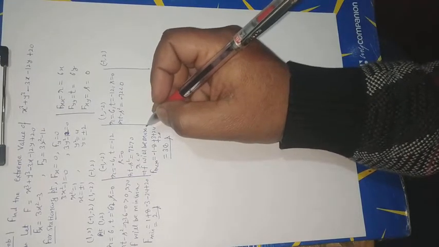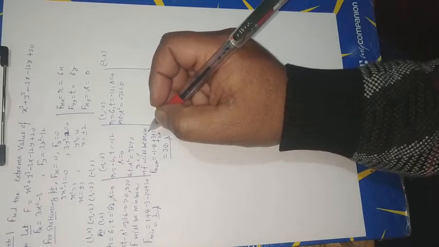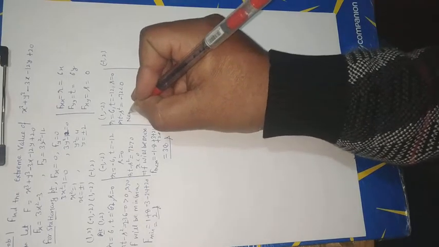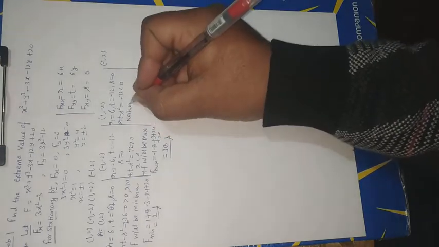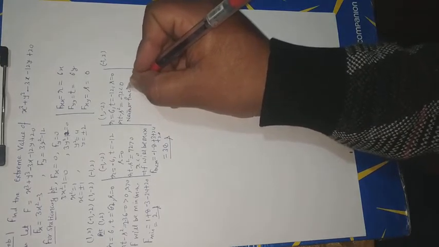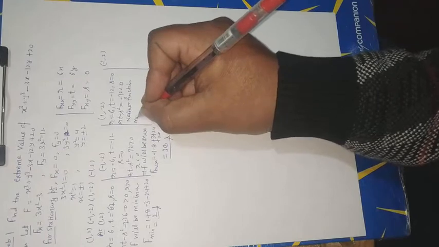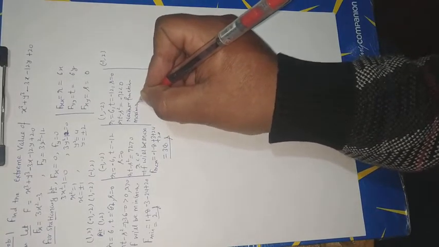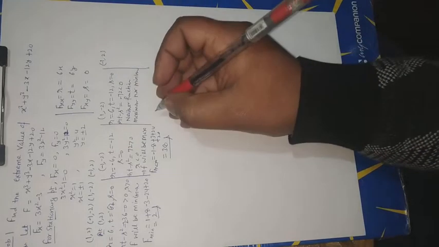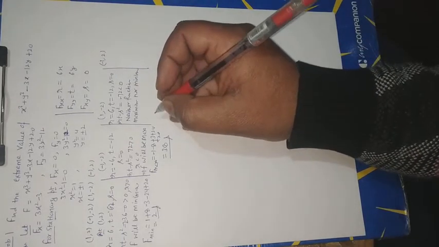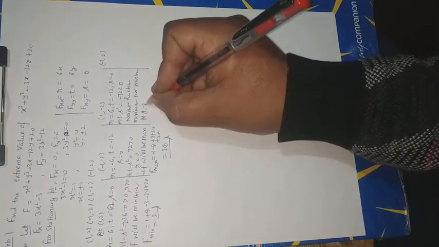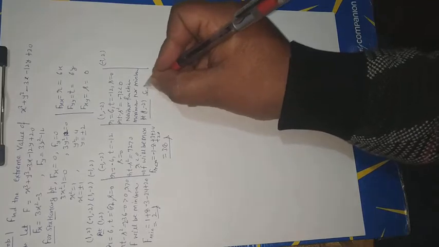Okay student, in this case the function is neither maximum nor minimum. That is, we can say point (1, -2) is a saddle point.